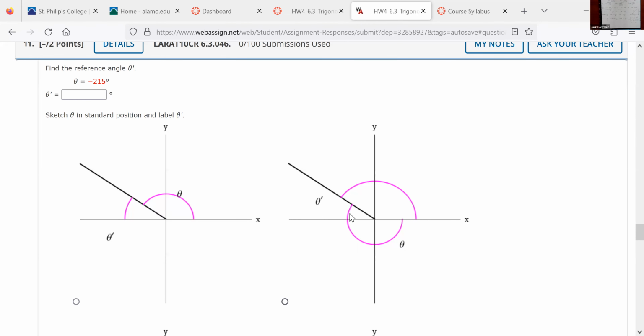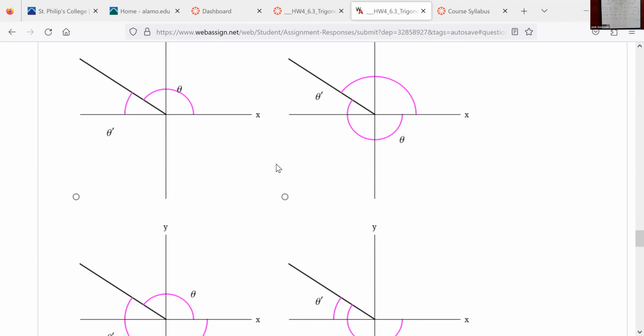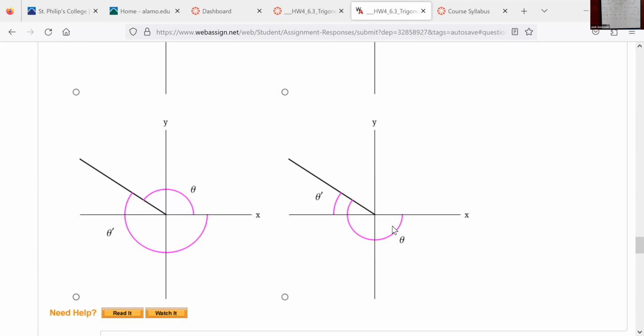But theta prime, having trouble denoting what they're talking about here. This is wrong. Here we go. This is the one. So this is negative 215. So once we land somewhere, the distance back to the x-axis is right here. So this is the reference angle for negative 215.